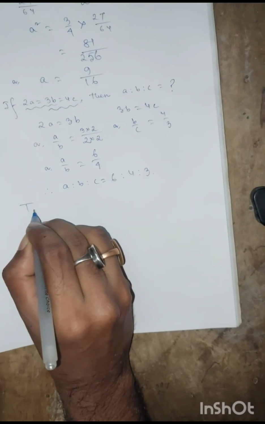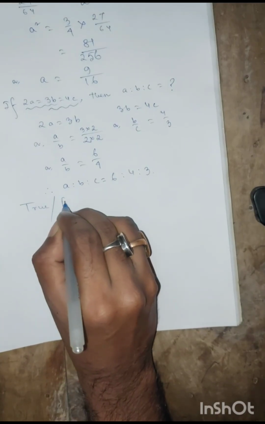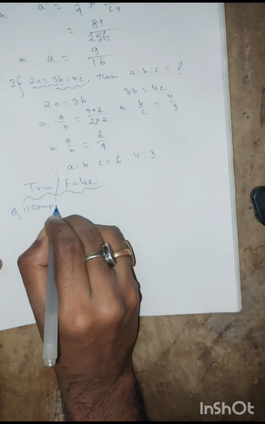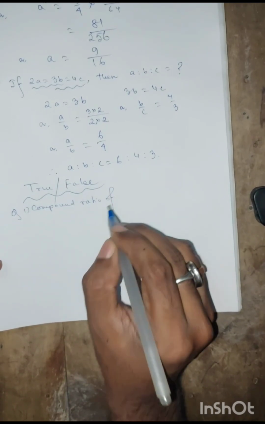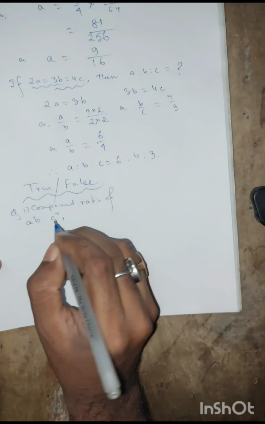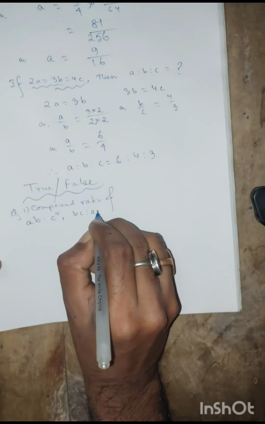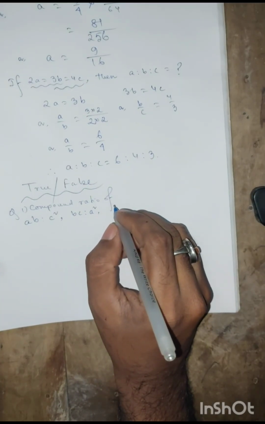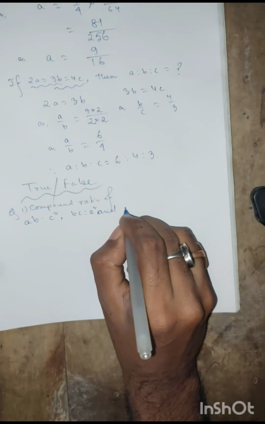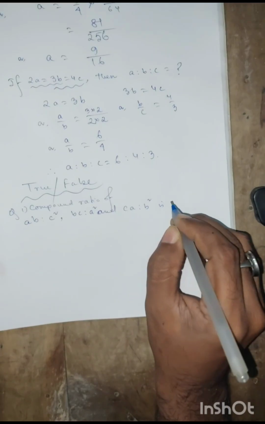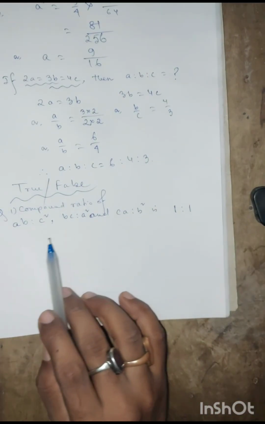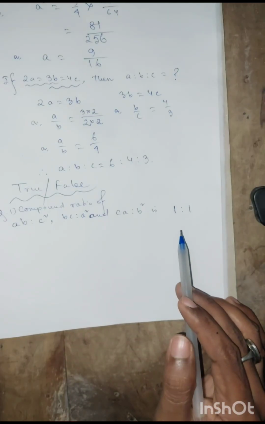True false. Let us do some true false. So the compound ratio of these three ratios is 1 is to 1.